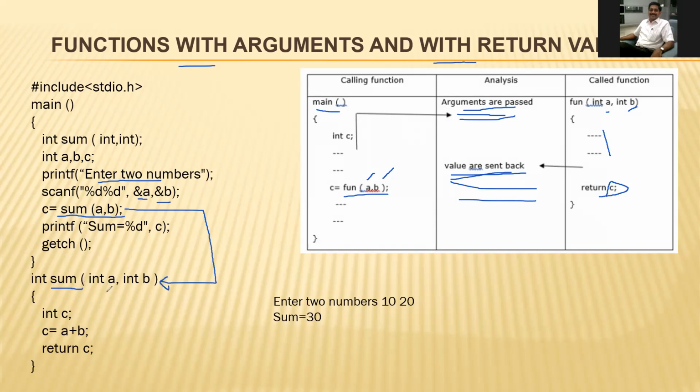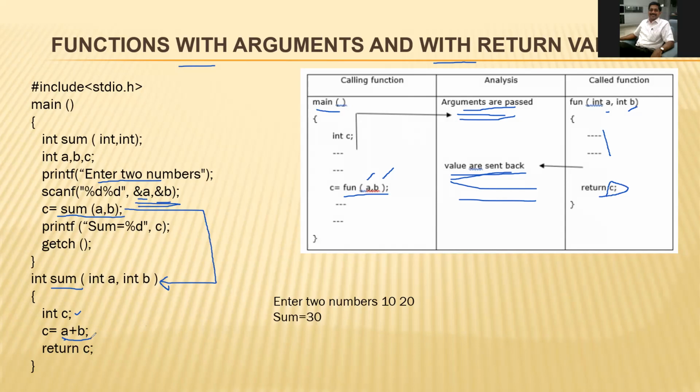Sum is the called function. What is done in the sum function? Integer C is declared here, and the values of A and B will be taken from the main function.